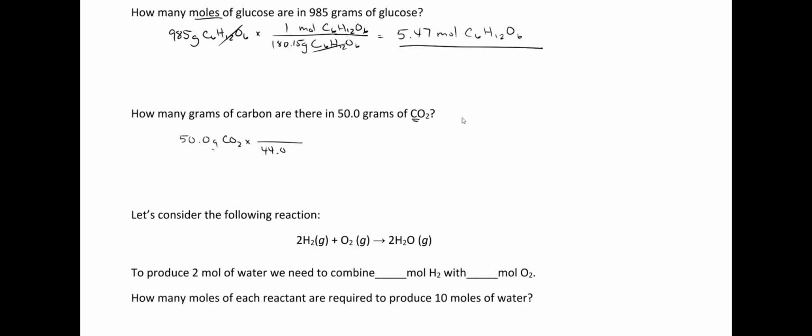So we know that there are 44.01 grams of carbon dioxide in a mole of carbon dioxide, which we have just established.